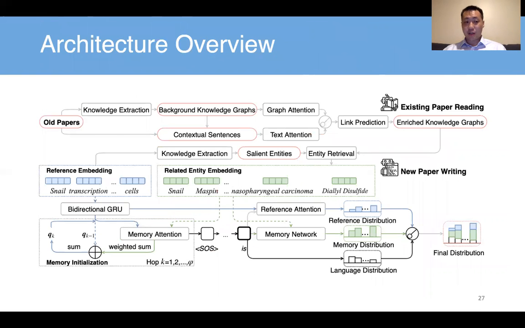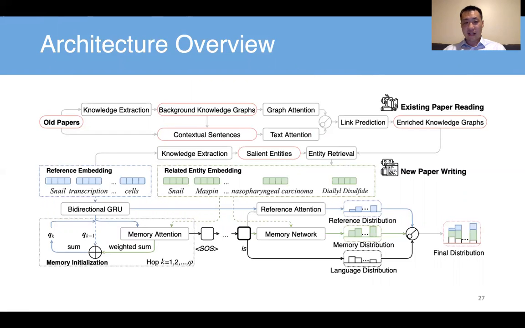So this is the architecture of their framework. They first collect the old papers and they extract the knowledge, build a knowledge graph, and they also use the sentences as well. So you've got 2 forms of the data, the graph form and the textual form, and then use an attention mechanism to generate knowledge through link prediction to enrich the knowledge graph.